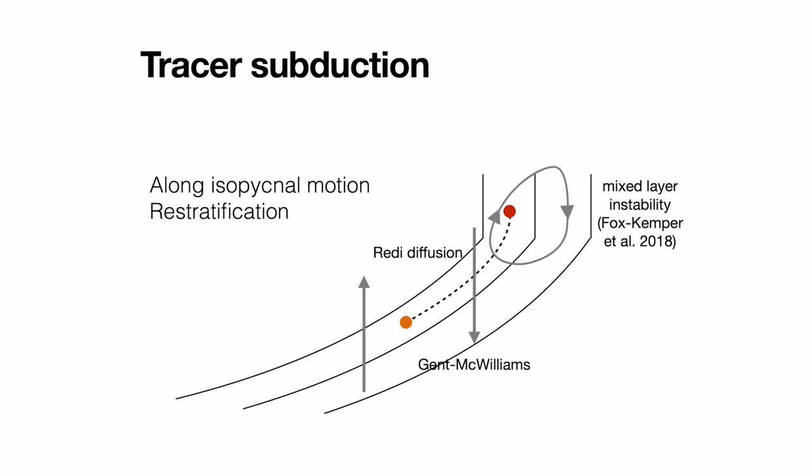And the parameterizations that we use in most modeling are a mixed layer instability parameterization for the surface ocean, Gent-McWilliams bolus velocity for the interior restratification, and what we call Redi diffusion for our along isopycnal diffusion of tracers.